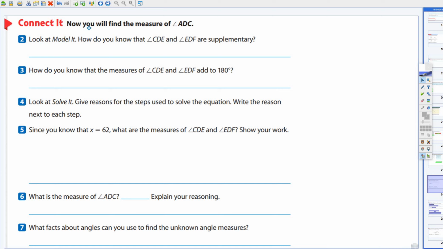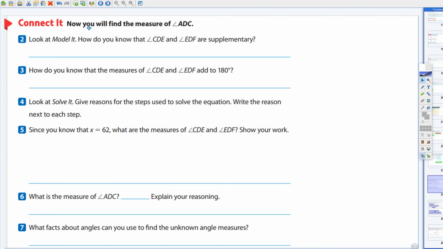Look at solve it. Give reasons for the steps used to solve the equation. We already gave that to you. Write the reason next to each step. We just gave that to you. So if you want to try that again, that'd be great. Okay? Since you know that x equals 62, what are the measures of angle CDE and angle EDF? And show your work.